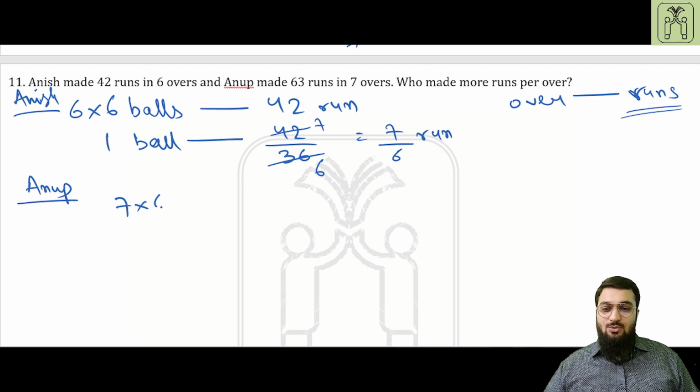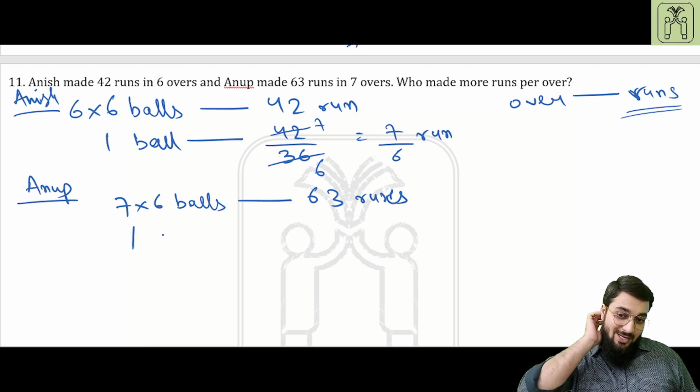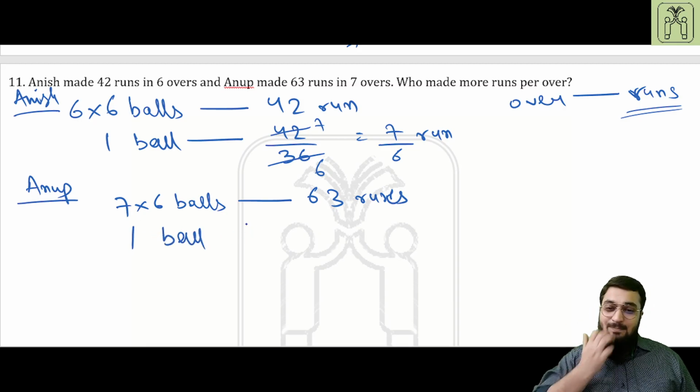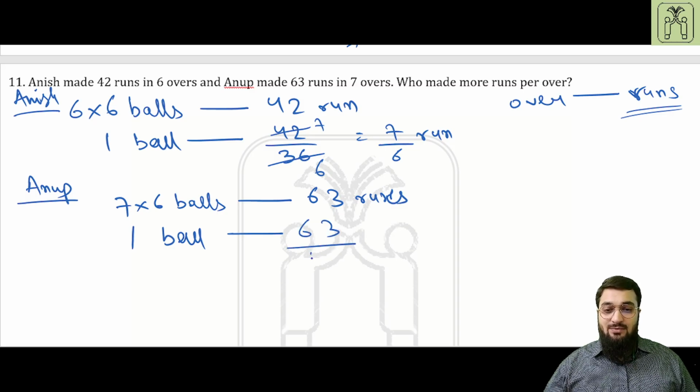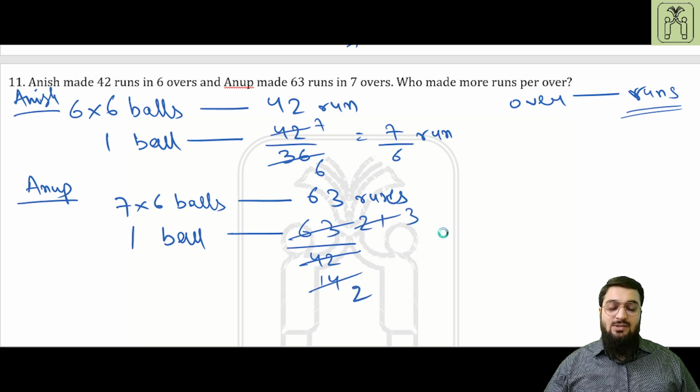So 7 into 6 balls gives us 63 runs, and 7 into 6 is 42, and over here for one ball we will have 63 upon 42. 7 threes are 21, 7 twos are 14, and that is 3 upon 2 runs.